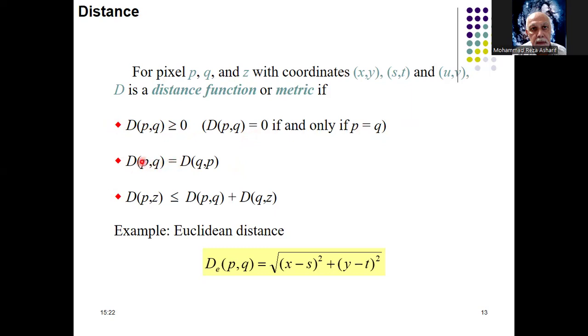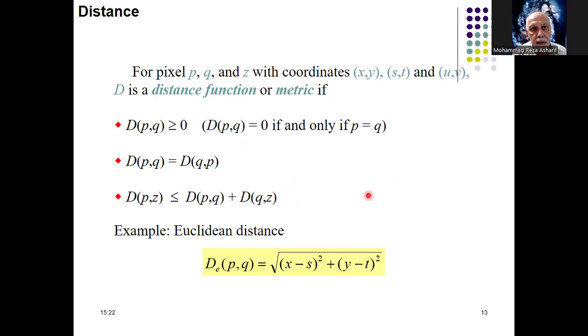The second condition is symmetry also. If PQ, then QP also. As I said, if A R P, then B R Q. So it is reflective. That's why if we have the relation D between P and Q, then the relation is D(Q,P). And also, because we assume 3 pixels on a digital image, the distance between P and Z is always less than or equal to the summation of the distance between P and Q plus the distance between Q and Z. It's like a triangle.